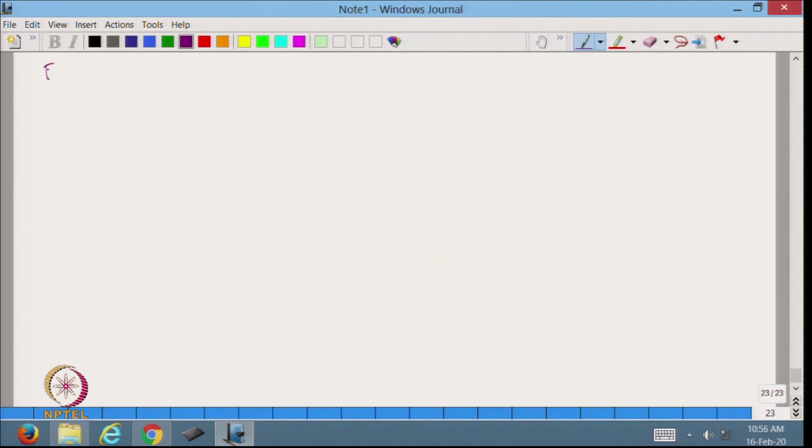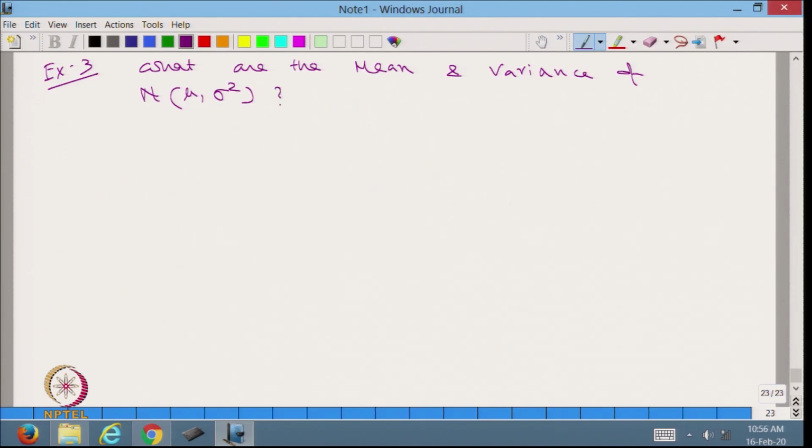So, example 3: what are the mean and variance of normal mu comma sigma square? So, we understand that the mean is going to be mu and the variance is going to be sigma square. Let us compute them.